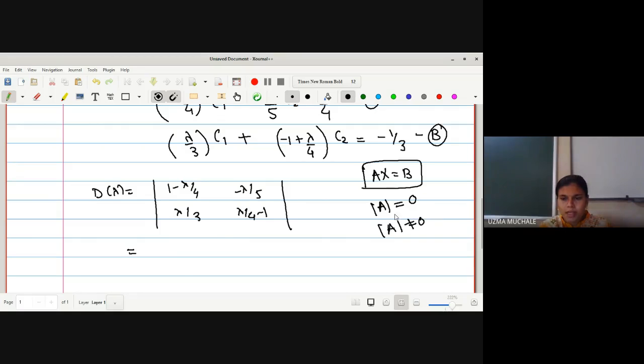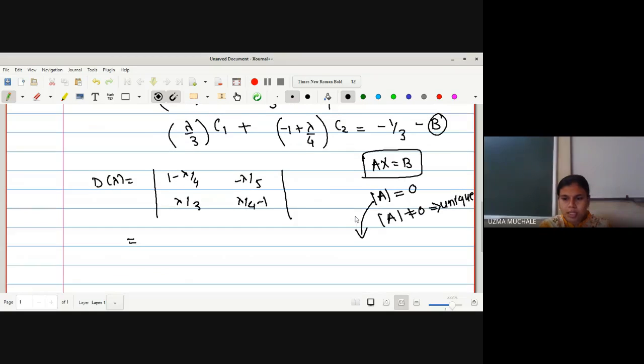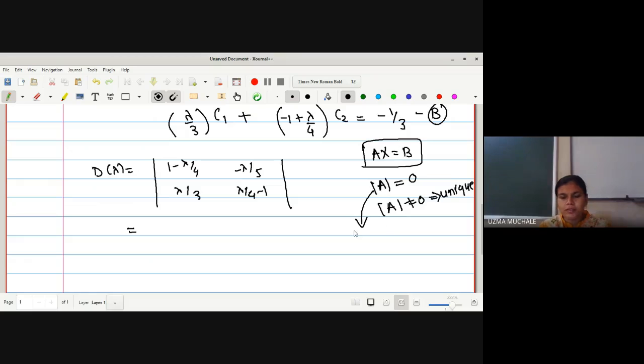When determinant of A is not equal to 0, then obviously we get a unique solution. But when determinant of A is equal to 0, at that time we have gone for the different situations. I hope you remember the situation 1 when we have assumed that the f of x is 0.